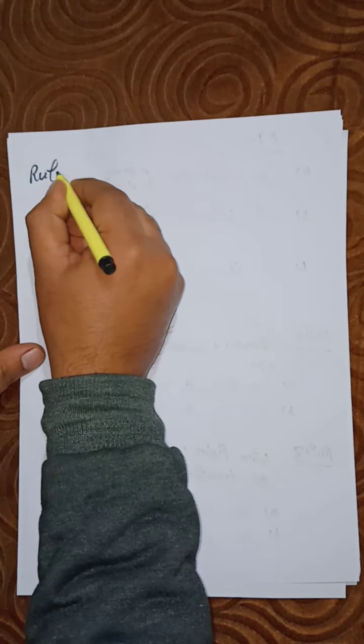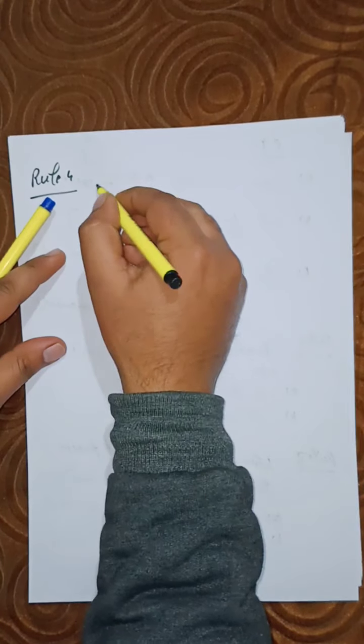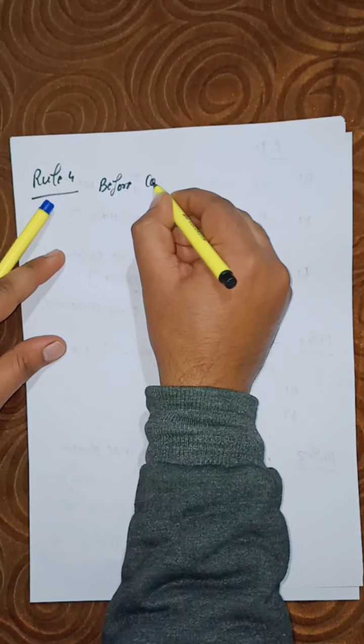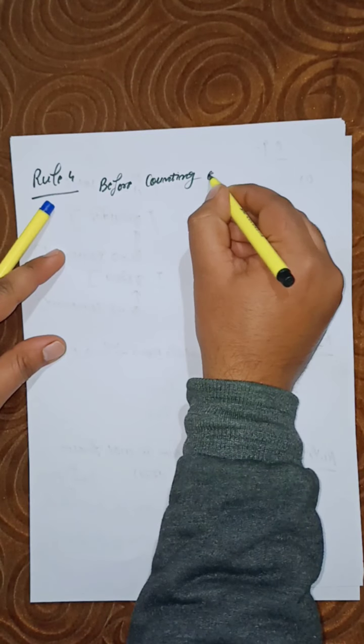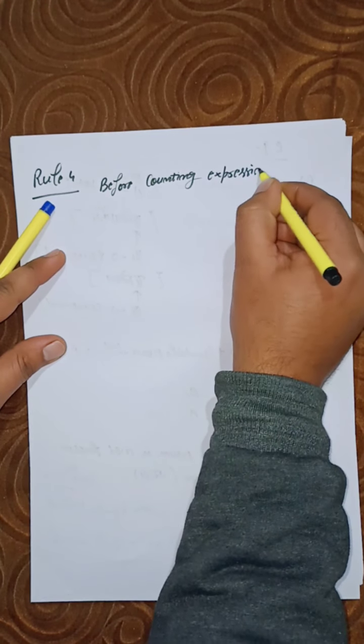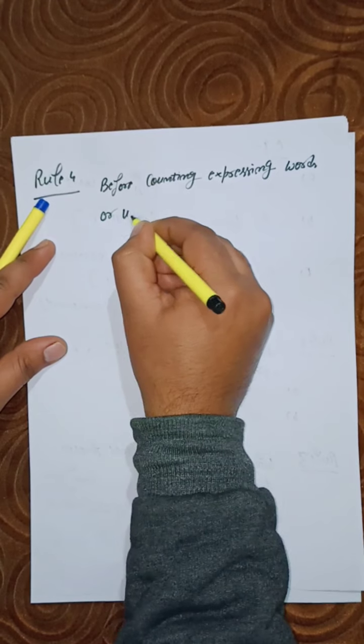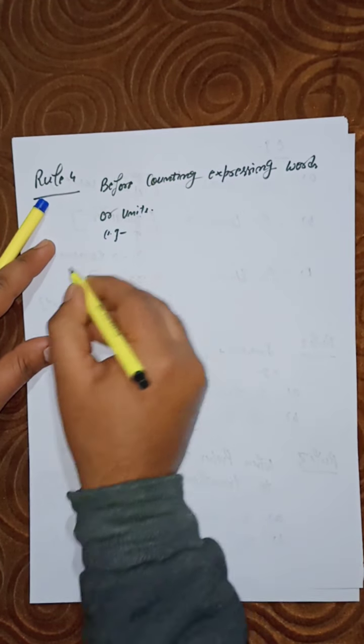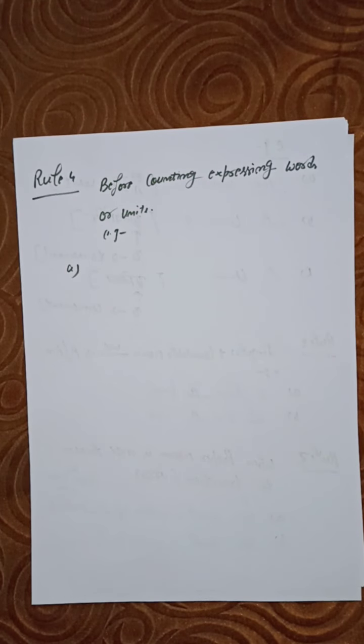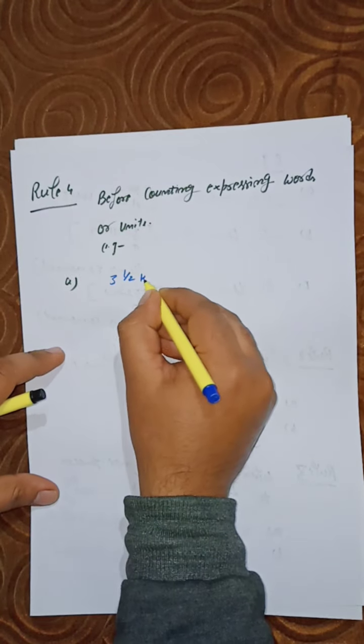Rule number four: before counting, expressing words or units. For example, three and a half kilo.